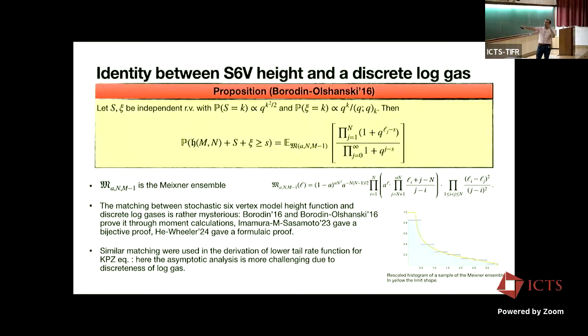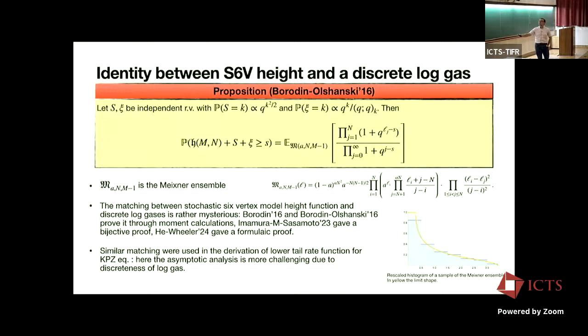Jimmy He and Michael Wheeler are giving formulaic proofs, actually also of generalizations of the identities that you have seen before, proved with the technology of the box and ball system. Okay, and a similar matching, essentially similar in nature, was used to derive the lower tail large deviation of the KPZ equation.